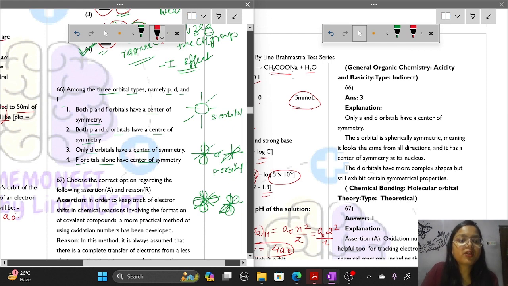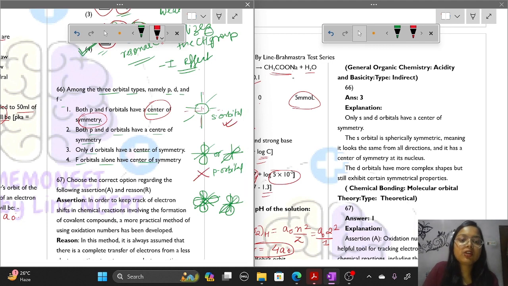It is talking about the center of symmetry. The S orbital has a center of symmetry, the P orbital does not have any center of symmetry, and the D orbital also has a center of symmetry.